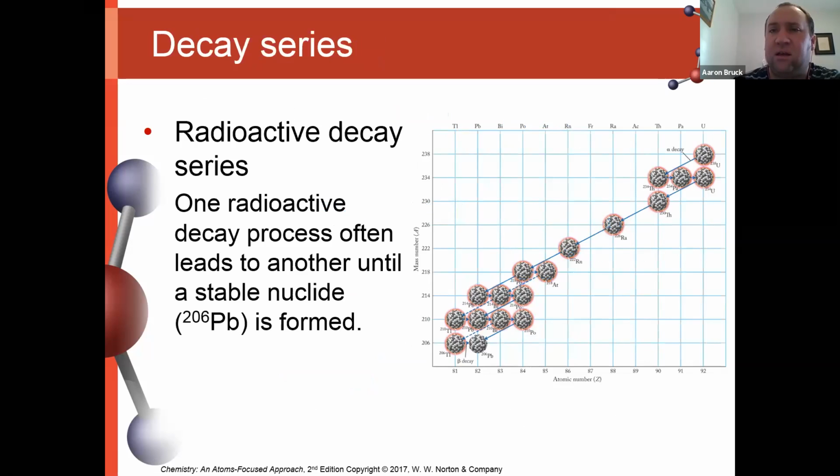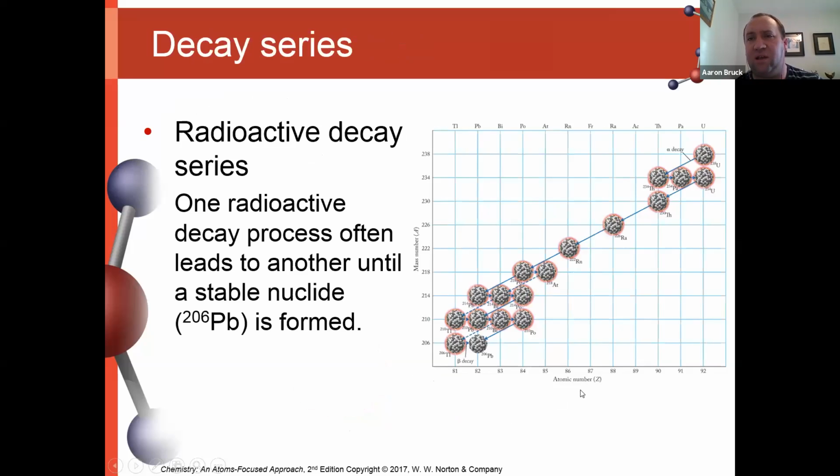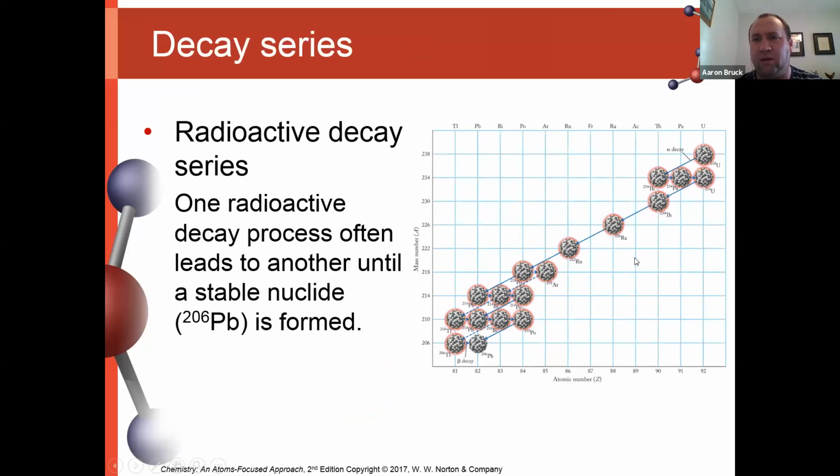Now, in the case of many of these types of radioactive decays, what we tend to see is that it is rarely the case that one decay is significant enough to get an atom that is unstable to become stable all of a sudden.